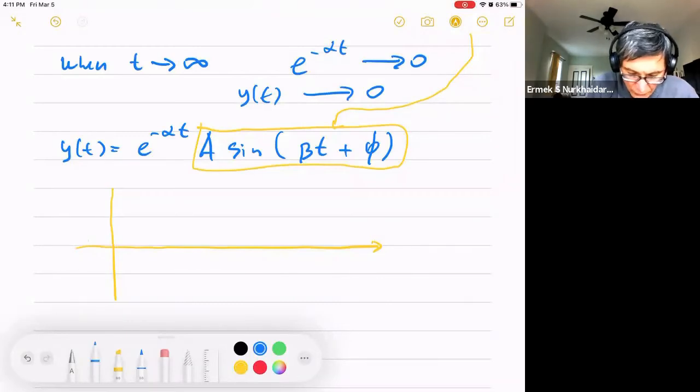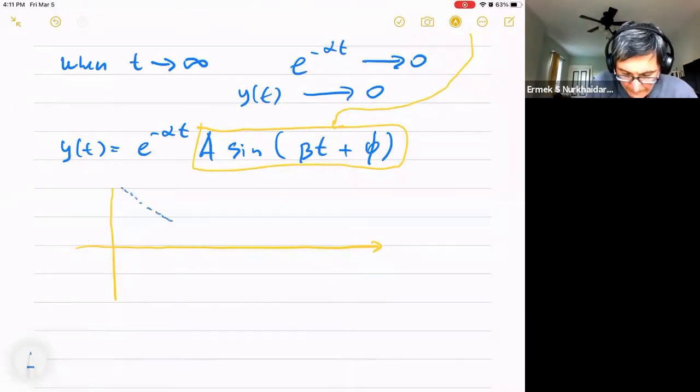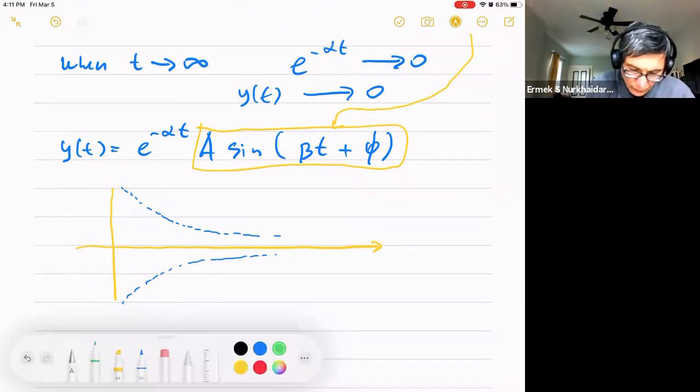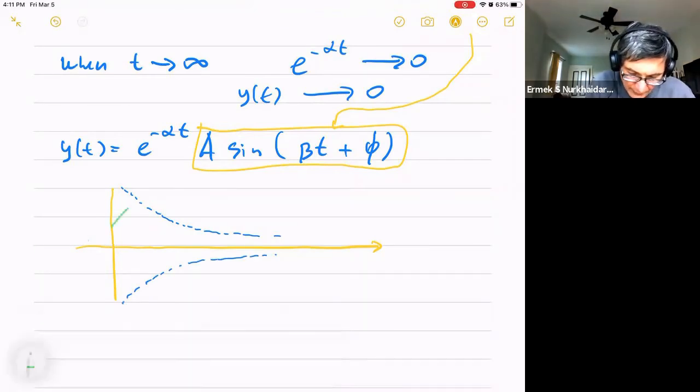So in general, we have e to the negative alpha t, and our oscillation will start somewhere and will oscillate, and the amplitude of oscillation will be getting smaller and smaller.